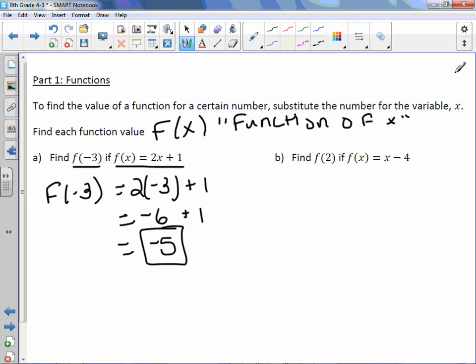Letter B. Find f of 2 if f of x equals x minus 4. So f of 2 equals, plug in 2 where you see x, bring down everything else. 2 minus 4 is -2.